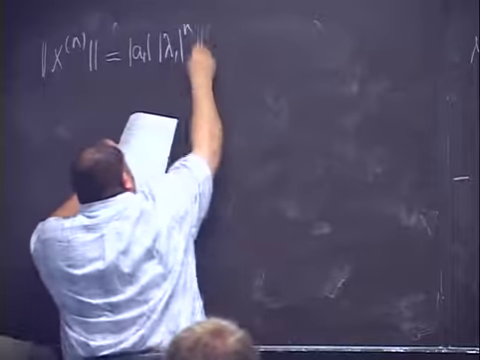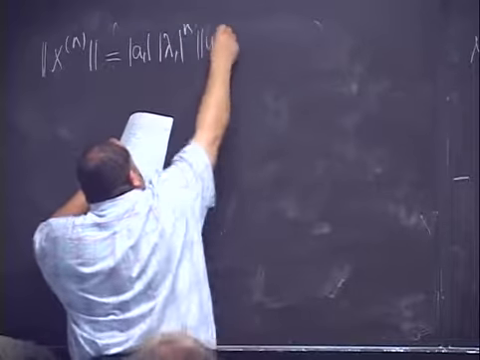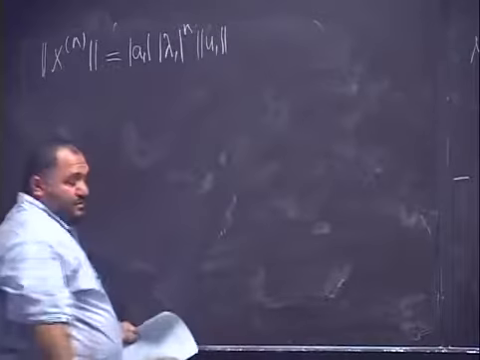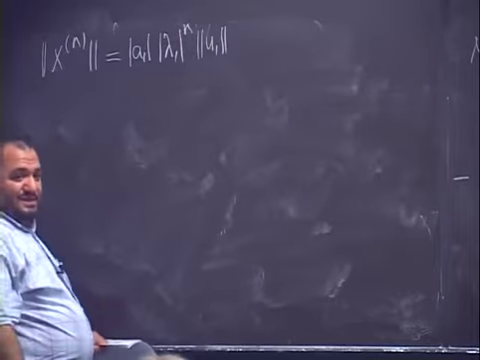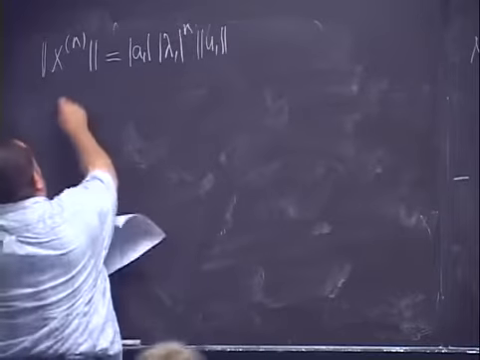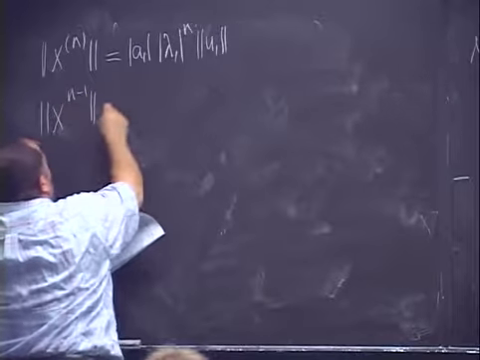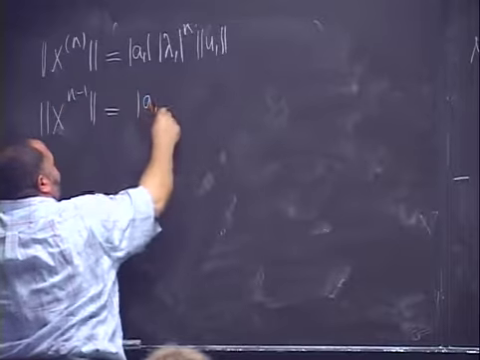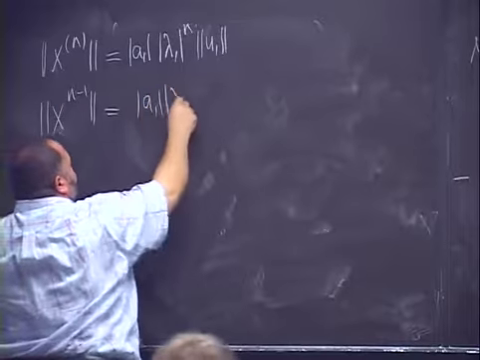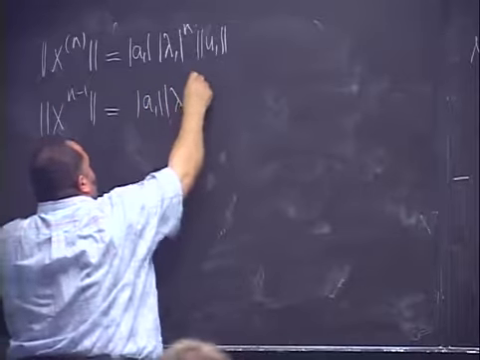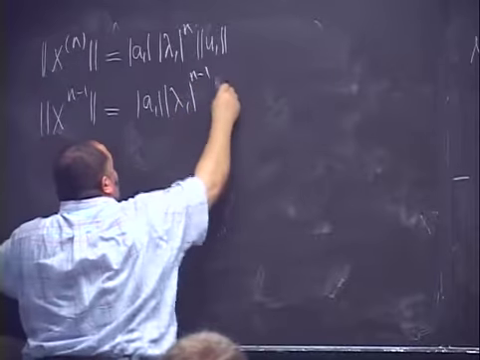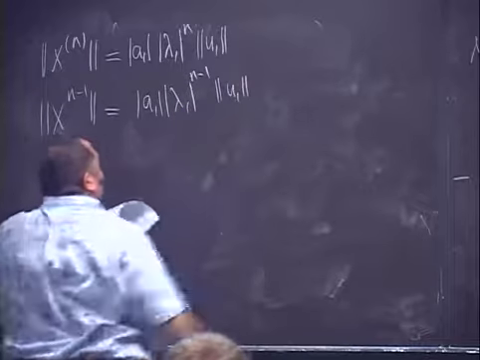But for the vector u_1, this is the modulus of the vector u_1. Okay, and what's the modulus of x_{n-1}? This would be |a_1| times |lambda_1| to the power of n-1 and |u_1| again.